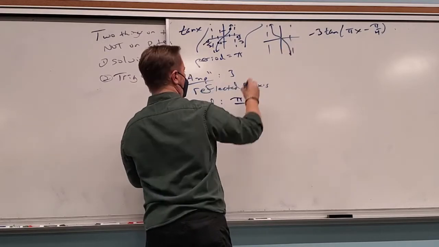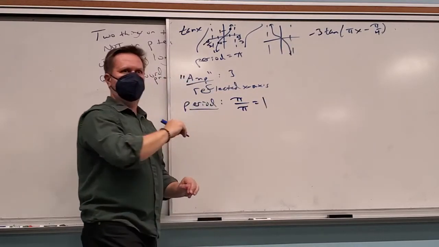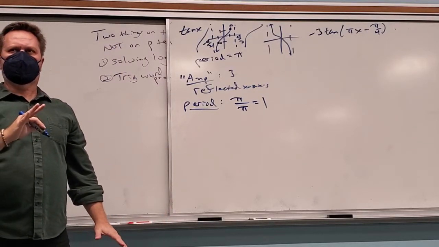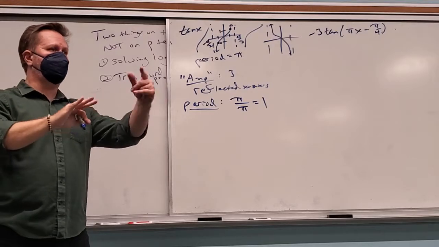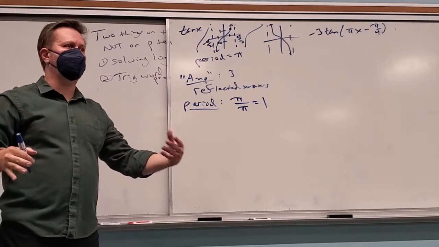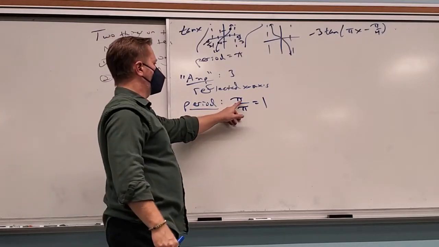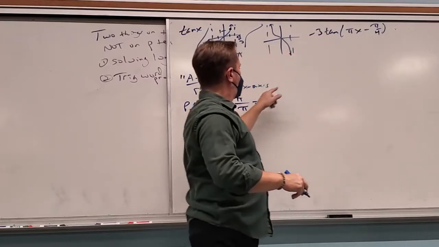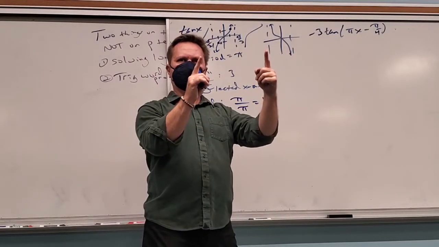Also pi. So now the period is 1. Same stuff, right? It works the same way, the cosine, sine, tangent, you just gotta use the actual period. For tangent and cotangent, the period is normally pi. Now it's been smushed by pi, so now it's 1.